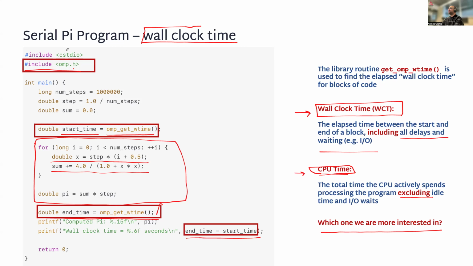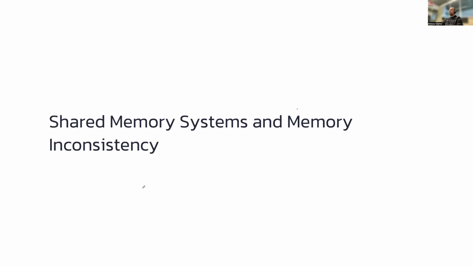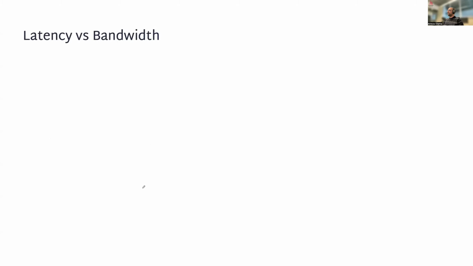So now we have a serial program, right? And we could measure its execution time or wall clock time. So let's see how we can parallelize this code. But before that, we have an important discussion on the role of memory in shared memory systems, because it's quite important and it affects the overall performance of your algorithm.